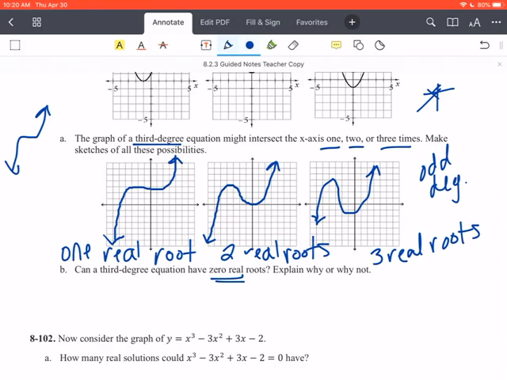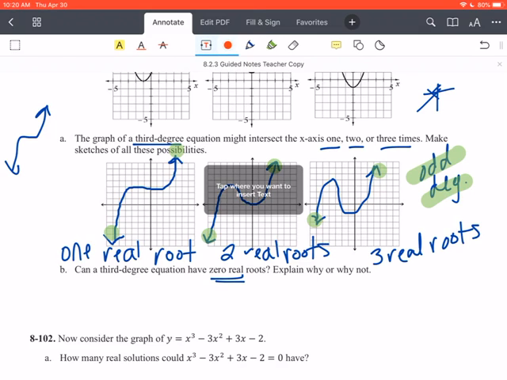Well, what do we know about our end behavior? I kind of mentioned that earlier. Our end behavior on odd degree is opposite. Okay, so if we have one of our 2 ends going down forever or going up forever, then it's inevitable that you're going to eventually have to cross the x-axis. So the answer, I'm going to go ahead and type this one in. It gets a little bit long-winded.